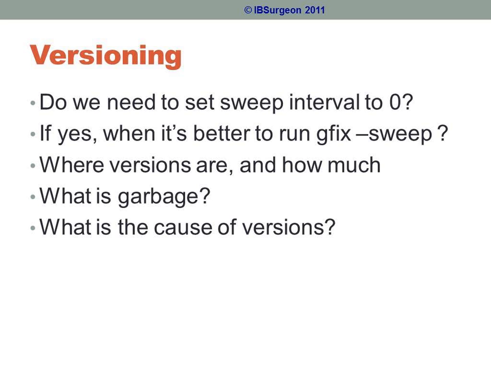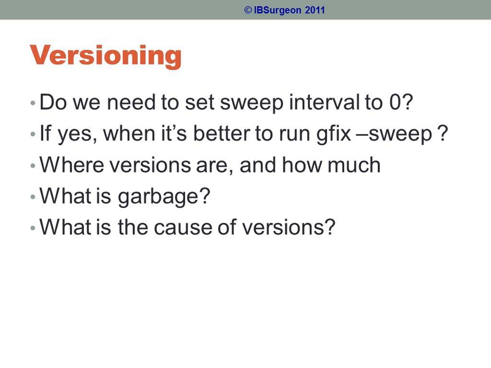For example, working with a lot of production systems, we found that it's better to turn the sweep interval off. Vlad has the opposite opinion, and he's not here, unfortunately. He says that the sweep interval must not be set to 0.